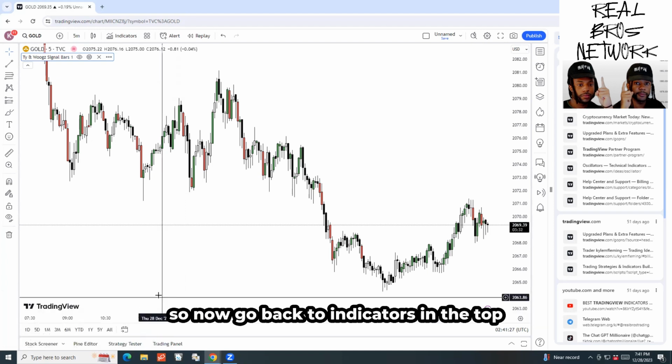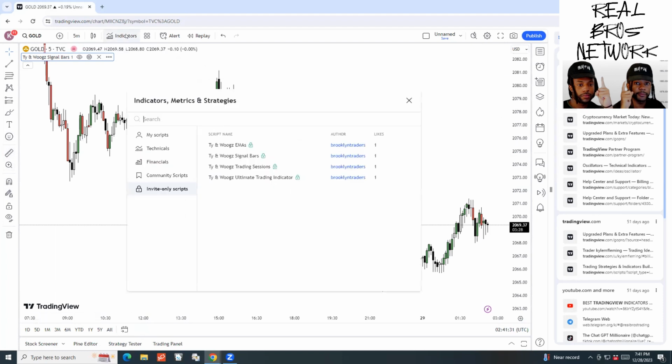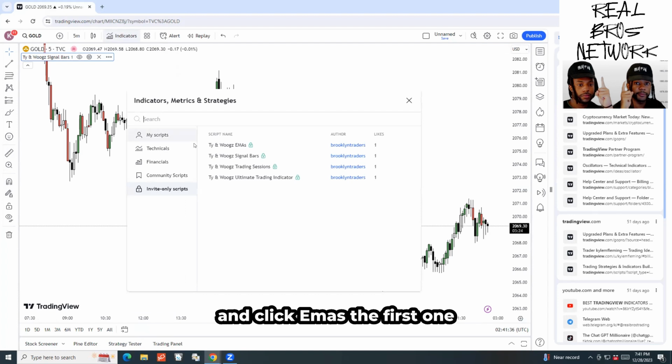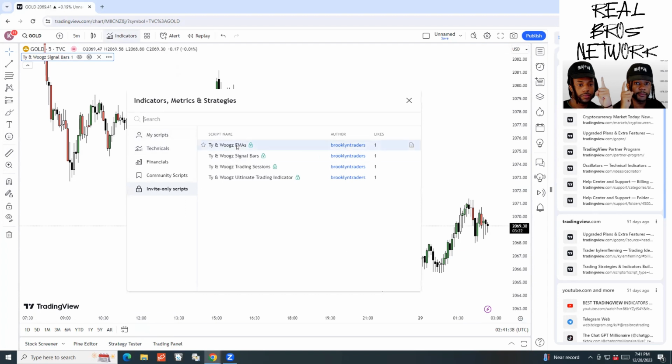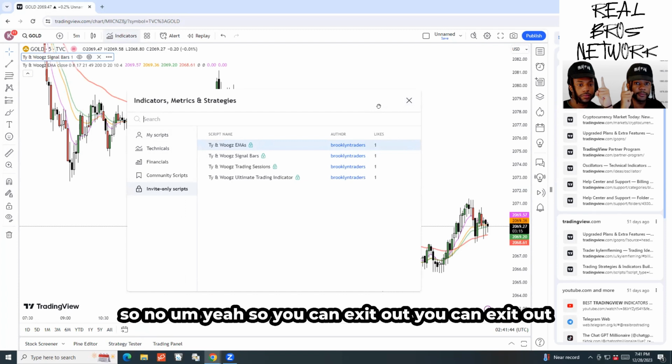Now go back to indicators in the top and click EMAs, the first one. Now we're going to set that up. Is it out or not? Yeah, it's out, and then exit out.